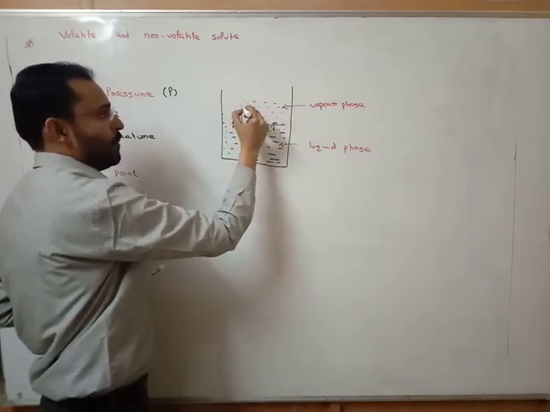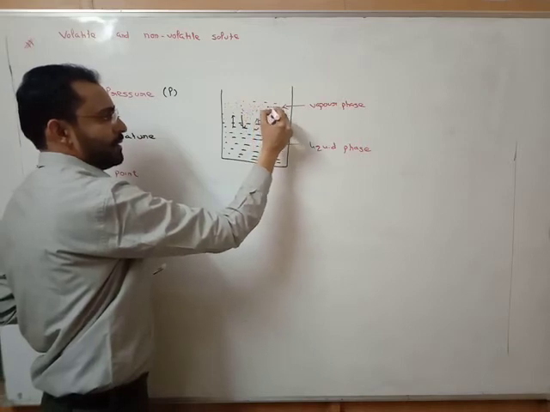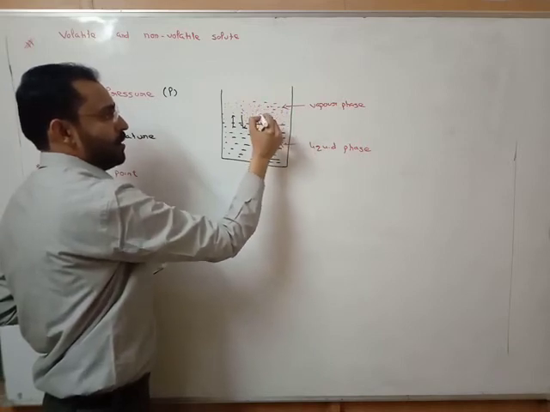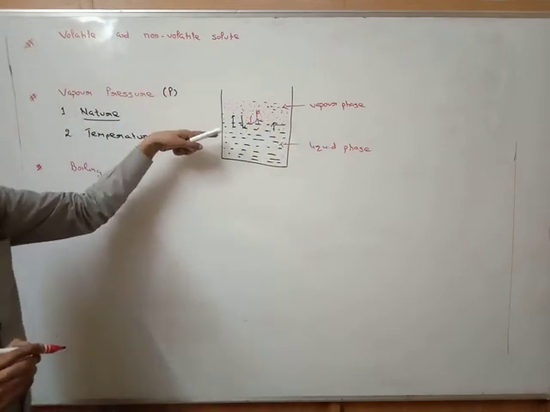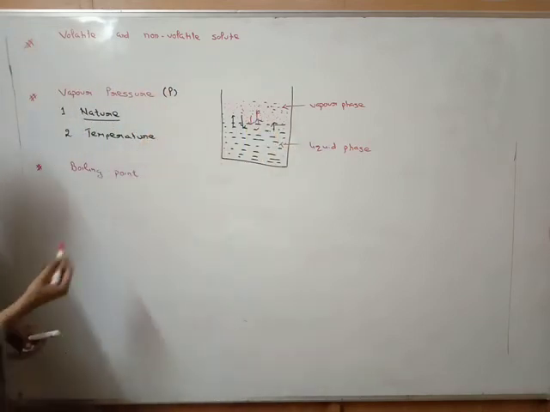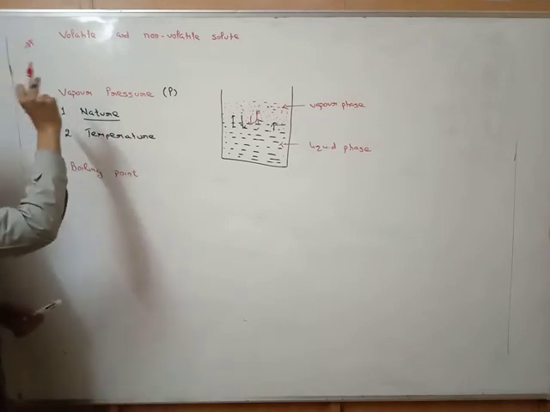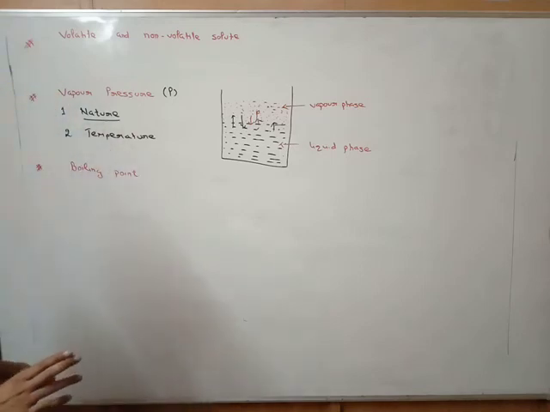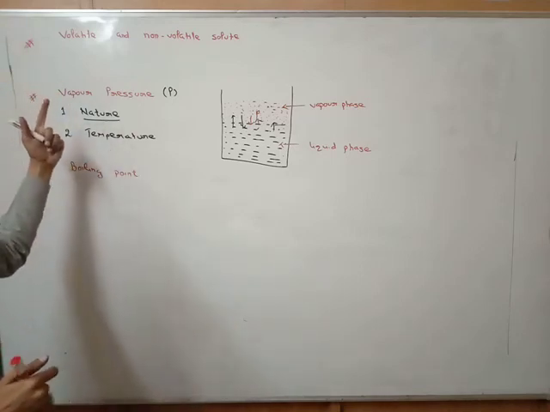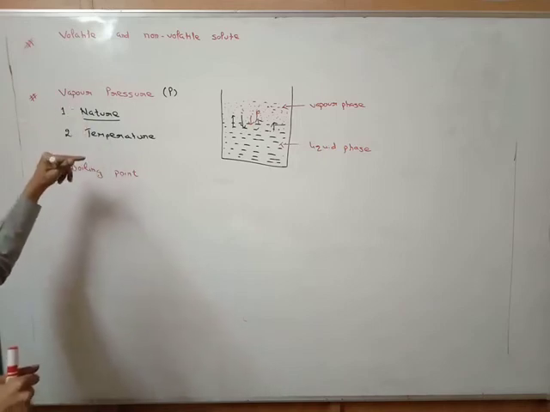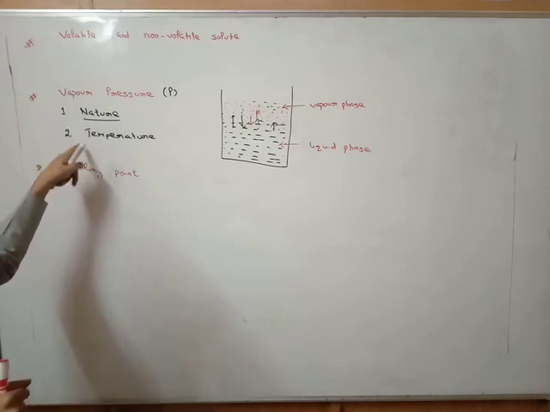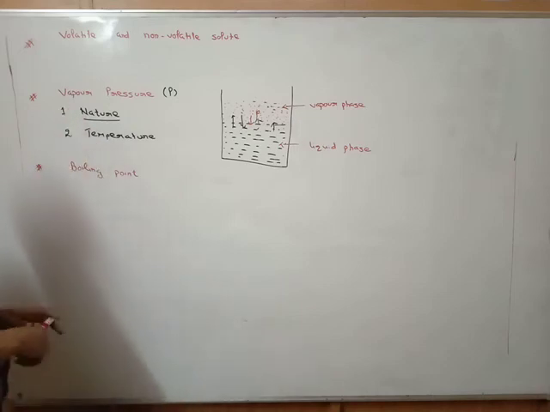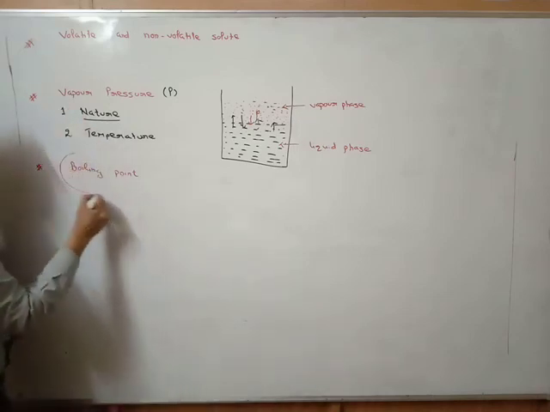If number of vapors increases, that will exert more pressure on the liquid layer. So vapor pressure will increase. So students, vapor pressure depends upon two factors. Number one, nature. Number two, temperature. These two points are important. Memorize them. Next is boiling point.